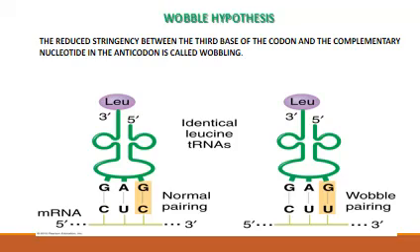So in the first figure, you find that there is a normal base pairing between G and C. It is normal Watson and Crick pairing.